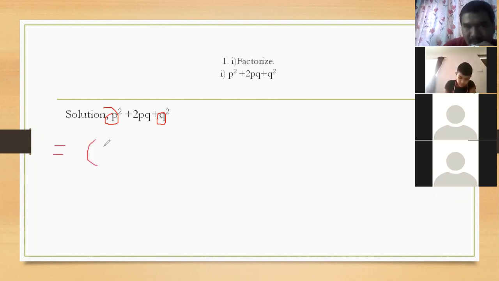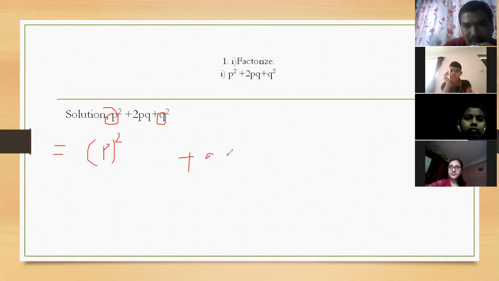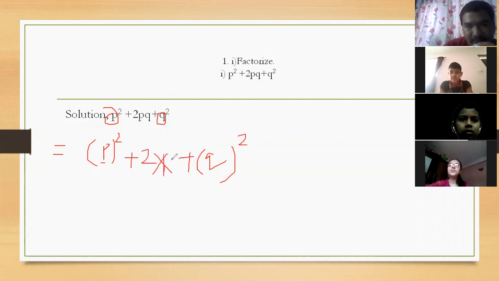First of all, we have to write in bracket p whole square. And the last one, what is there? q whole square. Okay, children. Then the middle term we have to make 2ab. In place of a there is p. In place of b there is what? q.